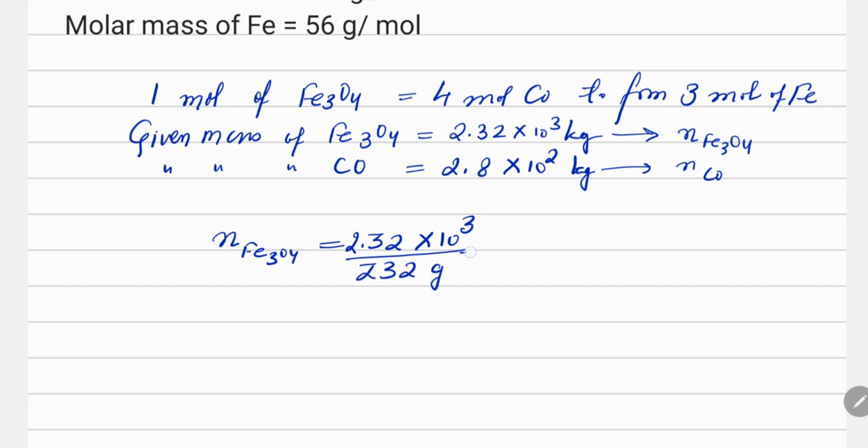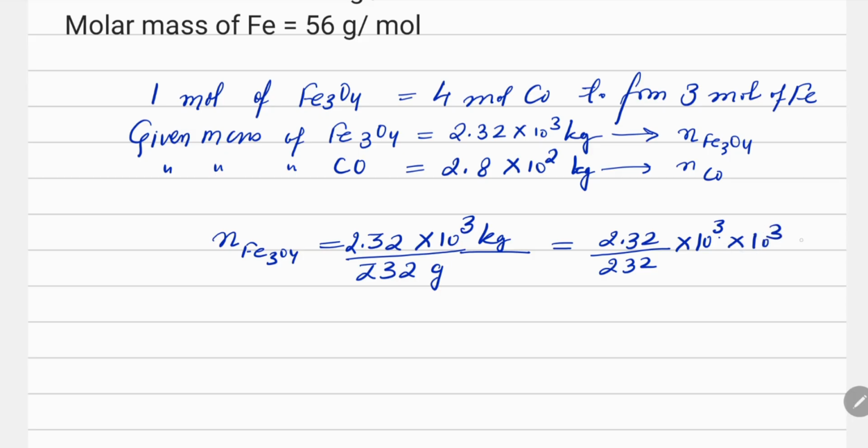Now remember, this value is in kilograms, so we have to convert it into grams, where 1 kilo is equal to 10 raised to power 3.